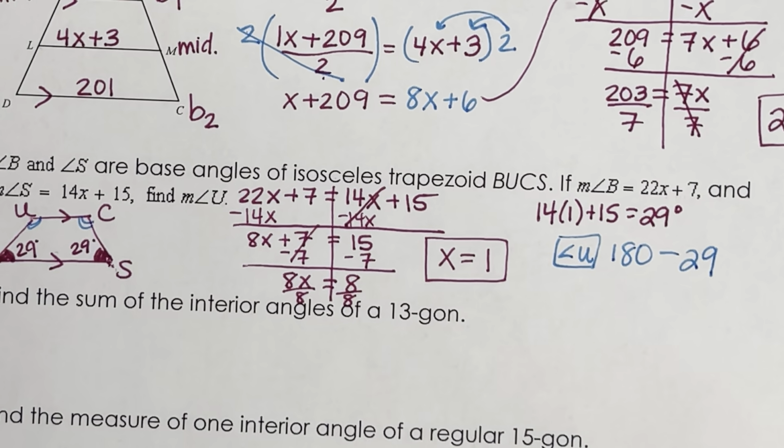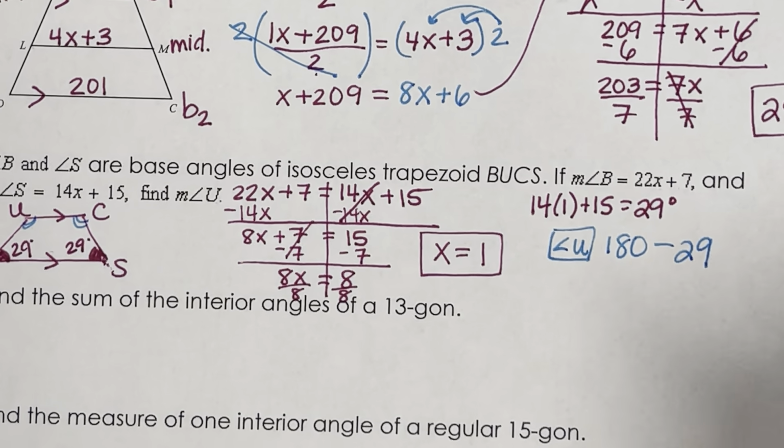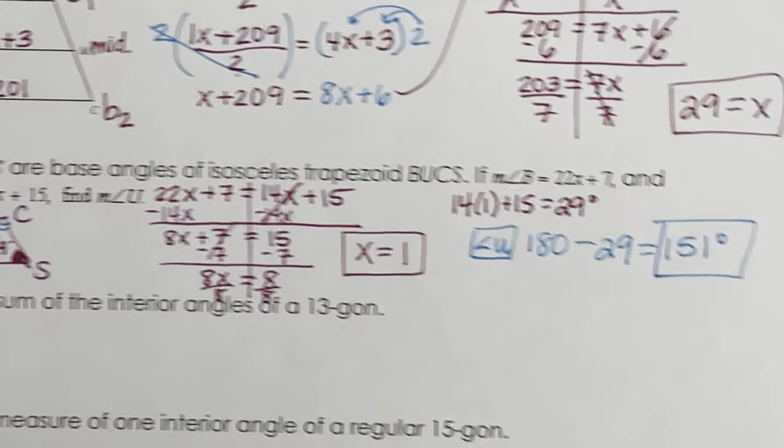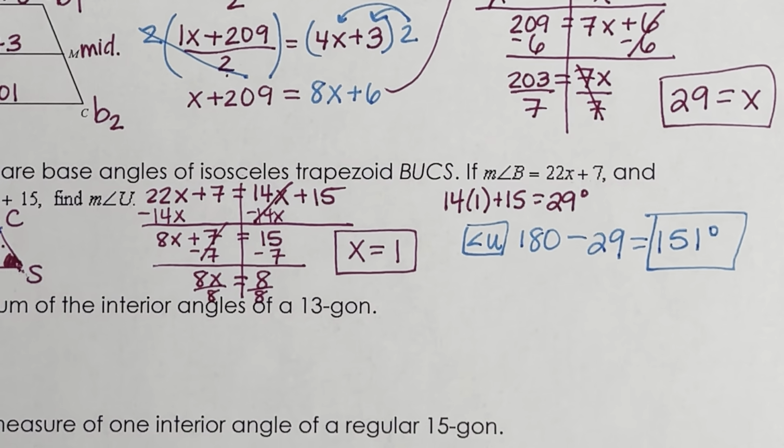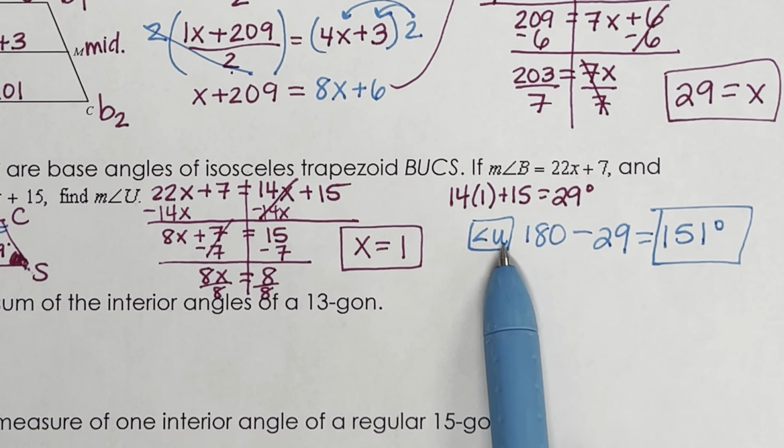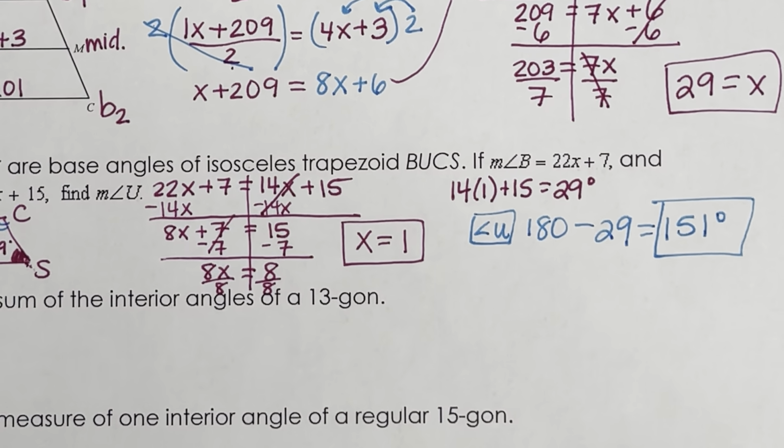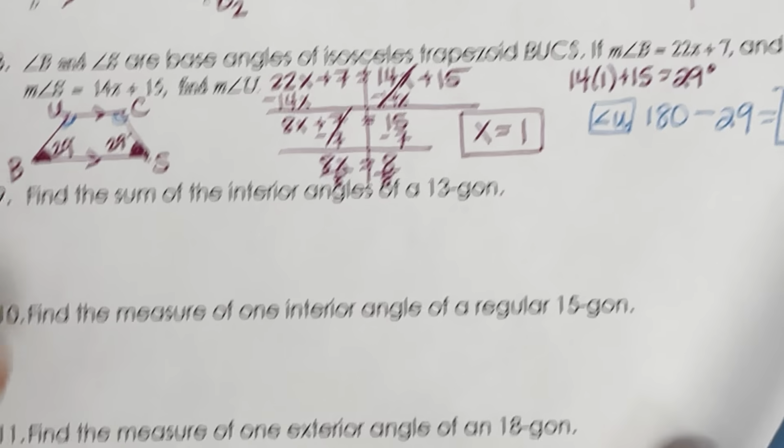So if I subtract 180 minus 29, I get 151. So my final answer is 151 degrees. So angle U and angle C are both 151 degrees.